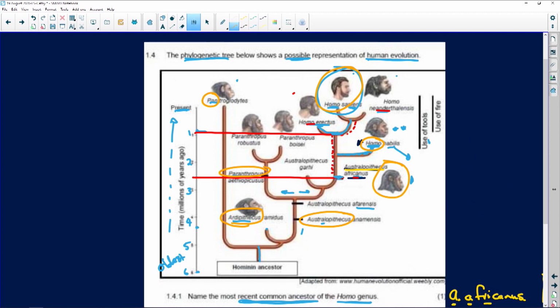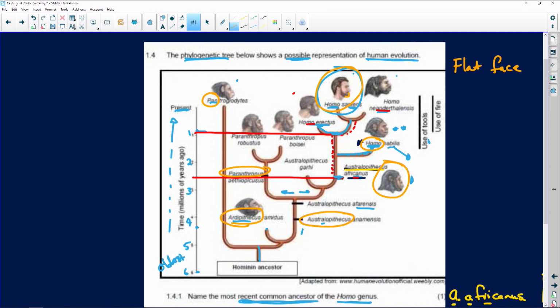What did the human have? The human's got a flat face. Because all they're asking you for is the characteristics. So one facial characteristic, what you can see. So we can see a flat face, but let's look, we can also see a chin.